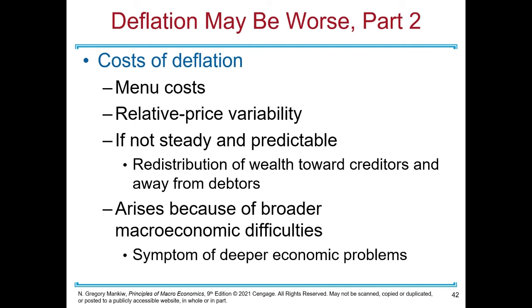Long run, quantity produced is the same. So it's going to decrease incomes. Incomes are going to fall, and unemployment is going to rise. In other words, deflation is often a symptom of deeper economic problems, aggregate demand decreasing.